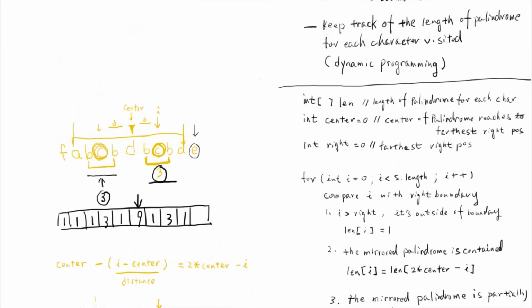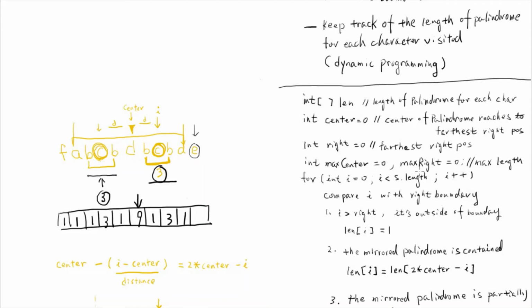And in the beginning, we need to declare two more variables to keep track of the max palindrome. Max center equal to 0, and also max right equal to 0. So these two variables are for the max palindrome length. And we don't keep track of the length, but we keep track of the center and the right boundary.